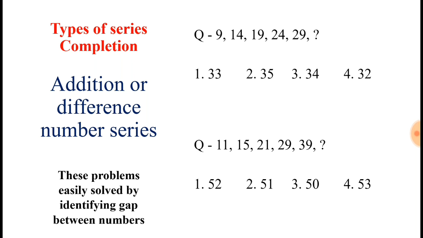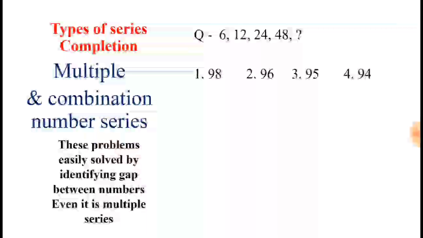The answer is second. So the next series is multiplication and combination of number series. Here the question is 6, 12, 24, 48. These kinds of problems can be solved even though they are a type of multiplication, by finding the gaps.